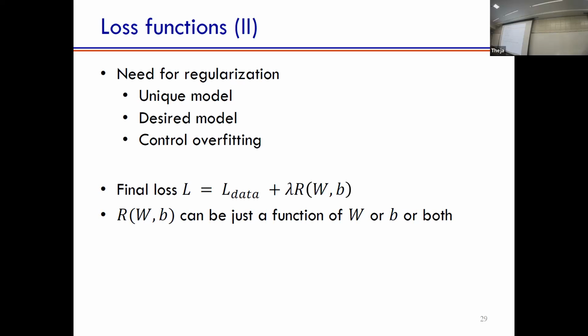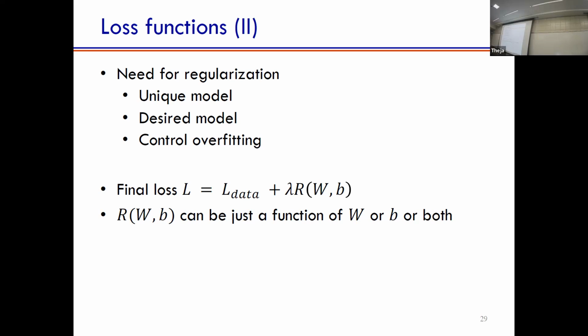Okay, so why do you need regularization? Sometimes there could be many models which all have the same loss metric. Let's say there are 2 models which have the same L data, the term that we saw in the previous slide. Then which one do you pick? You have to express a preference, right? Or you can always flip a coin and pick one of them. Or you have a preference of what types of models, like the sparse example that I gave.